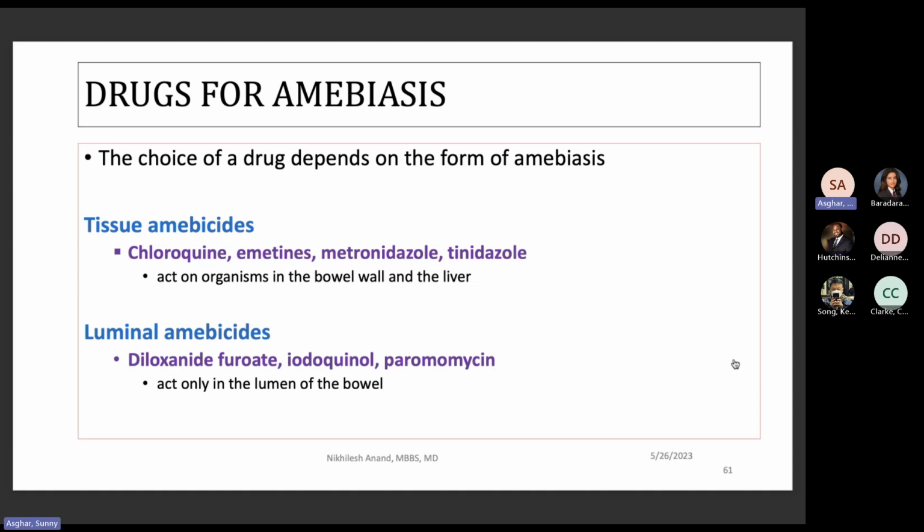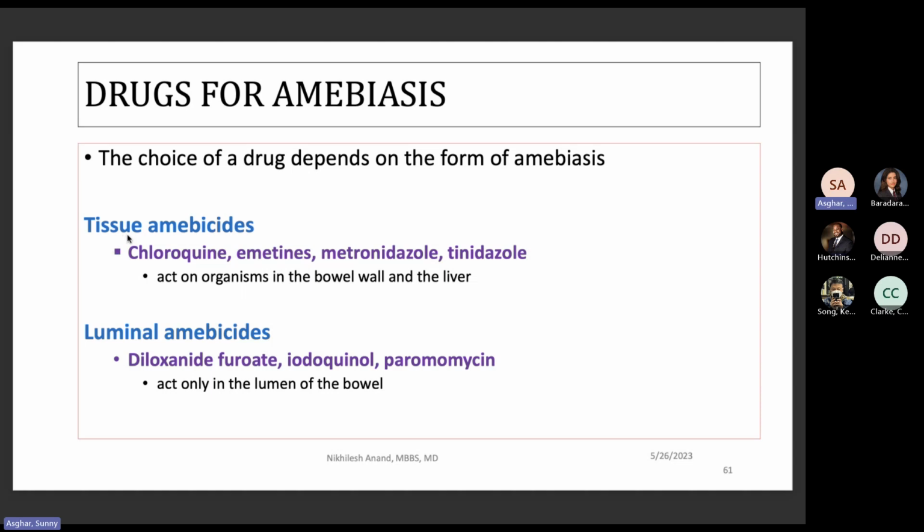These are the drugs for the amoebas or protozoa that I've listed before. So we're now going to go over the pharm section. The drug treatment choices are usually your chloroquines, metronidazoles, tinidazoles. These act on the organisms in the bowel wall, and since most of the organisms discussed act in the GI system, these are some of the options you have to treat your protozoans.